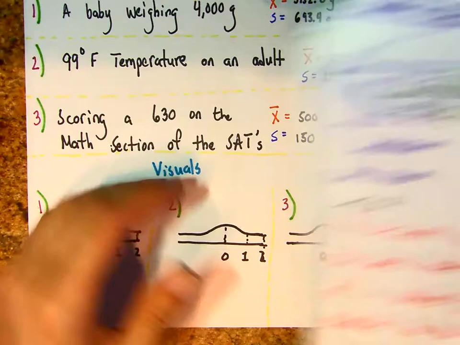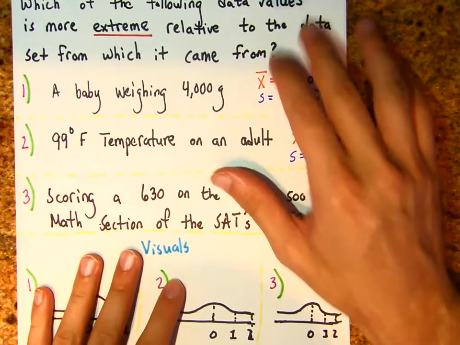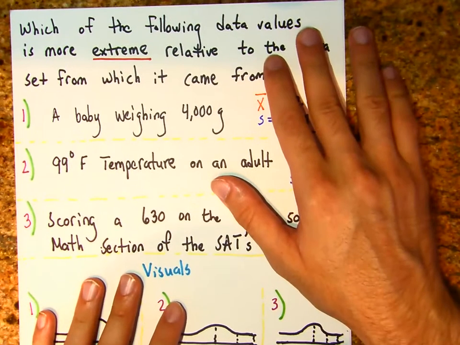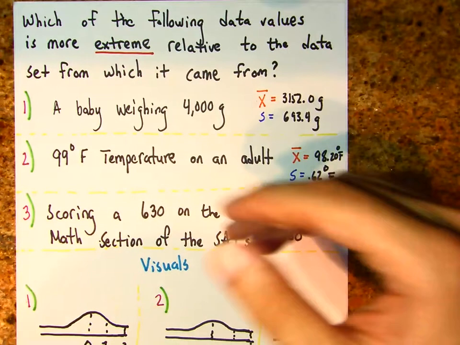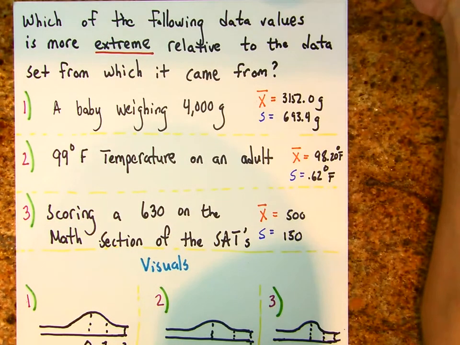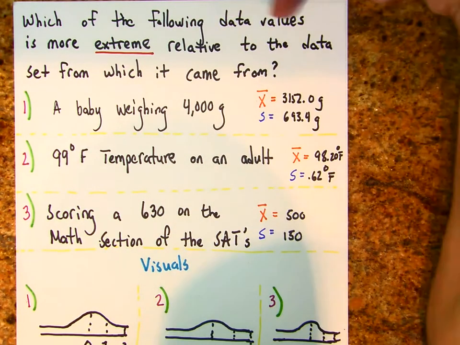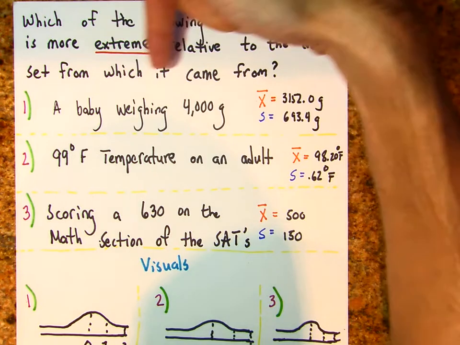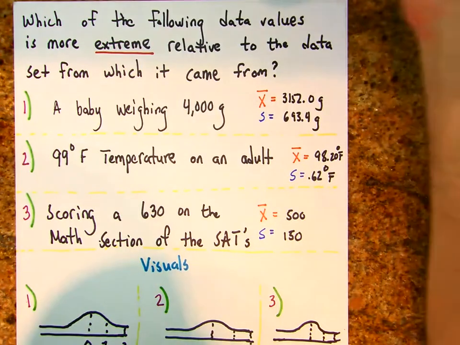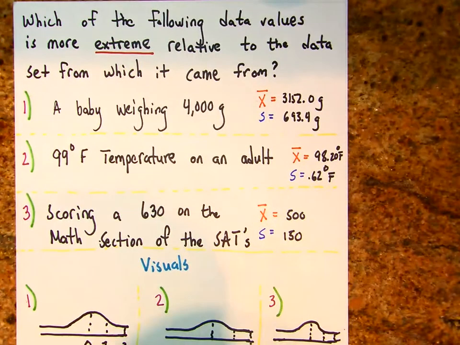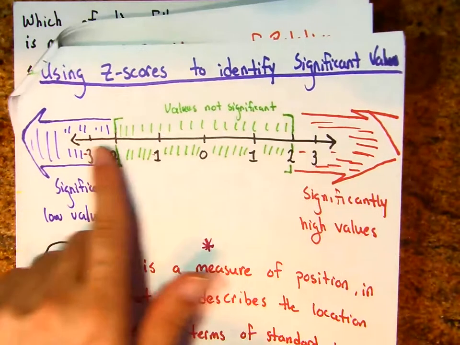Here, take a second, pause the video and copy this down, right? Which of the following data values is more extreme relative to the data set from which it came? So let's imagine we're asking which is more extreme here.